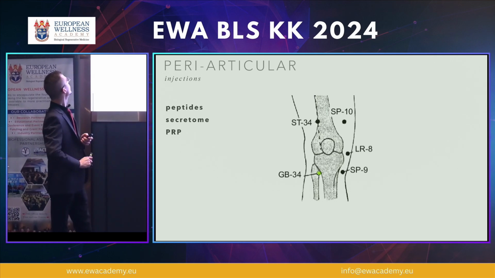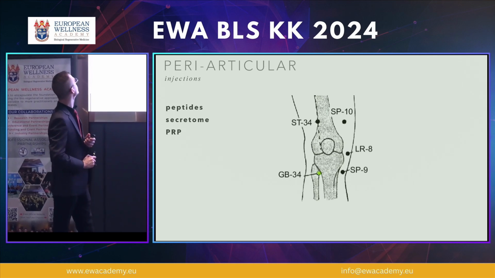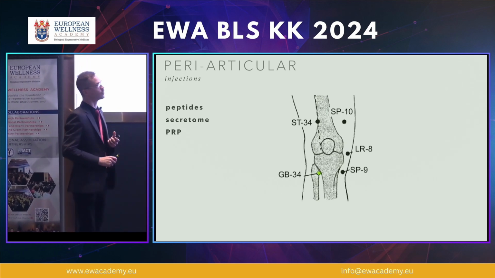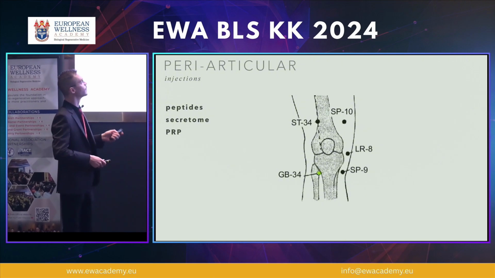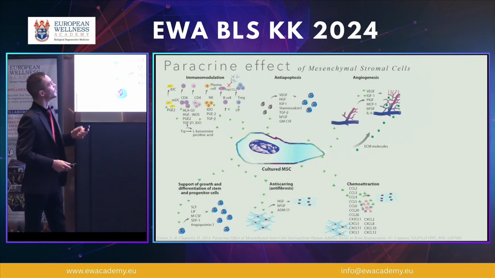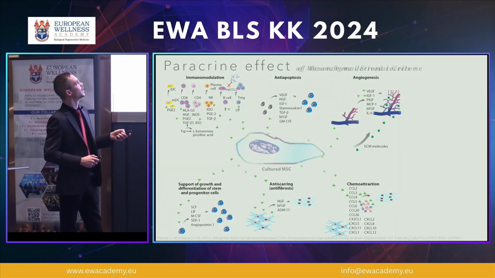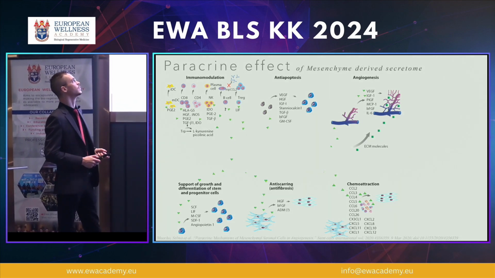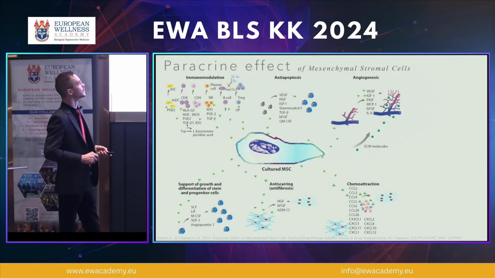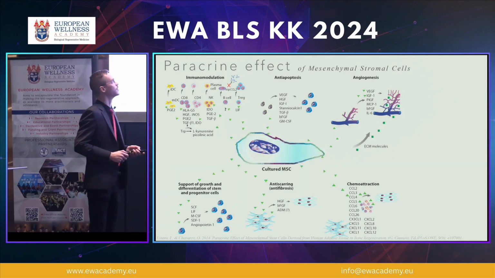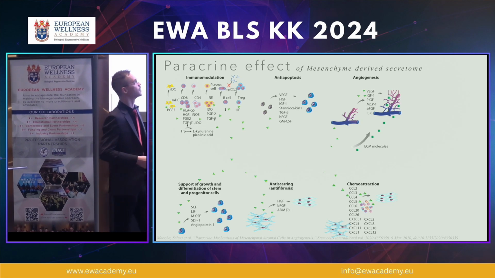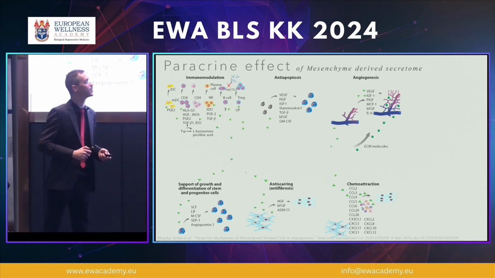So periarticular, I would recommend using peptides or secretome or exosomes, also PRP can be used. Mesenchymal stem cells, but as we have already mentioned many times, you don't really need the mesenchymal stem cell. You can obtain pretty much the same effect with just its exosomes or its secretome.